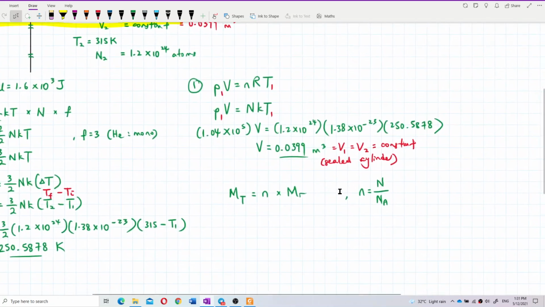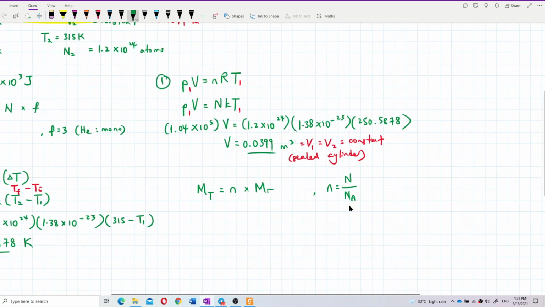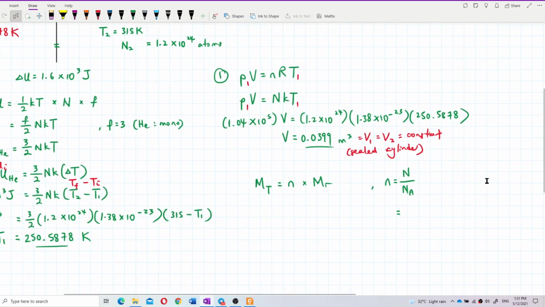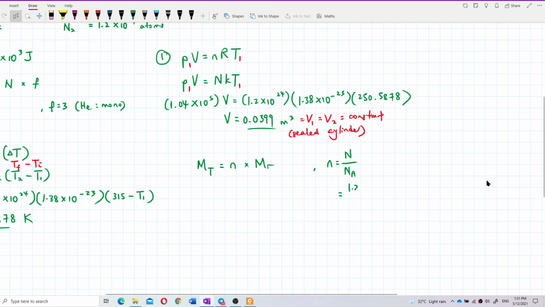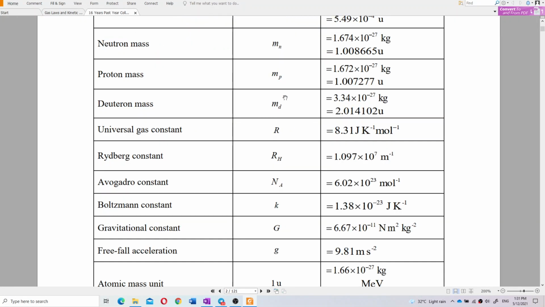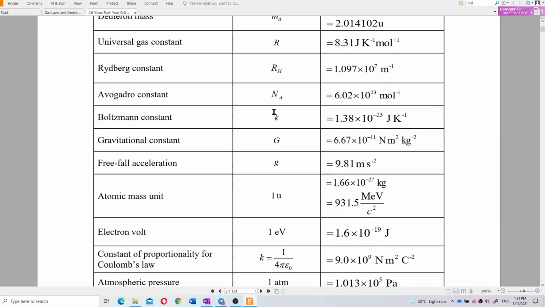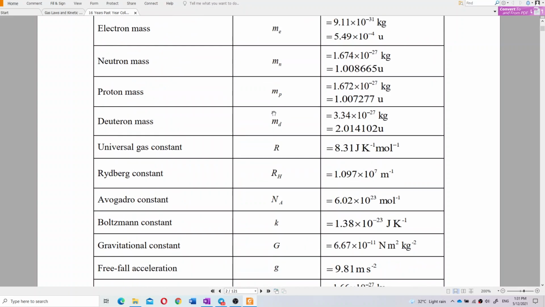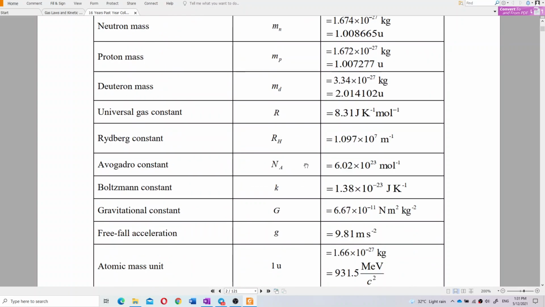So the total atoms I have now is 1.2 exponent 24. Divide by the Avogadro constant, which we can get from the list of constants. Avogadro number, Na. The Avogadro constant is 6.02 exponent 23.